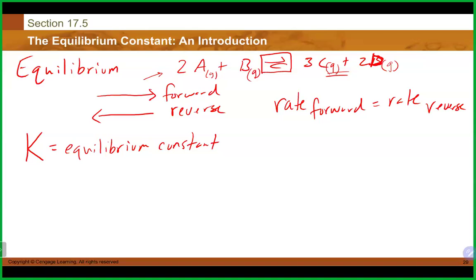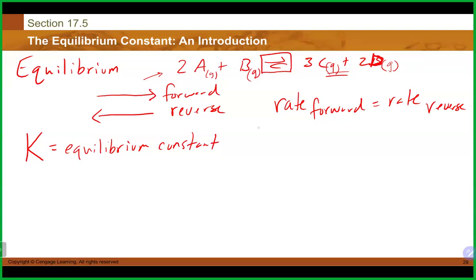So as we talked about, I think in an example last time, you could do the same reaction four different ways. You could start with all reactants, all products, a little bit of everybody. And it will always come to the same ratio of products to reactants. It gives you the same value of K as long as you don't change the temperature.